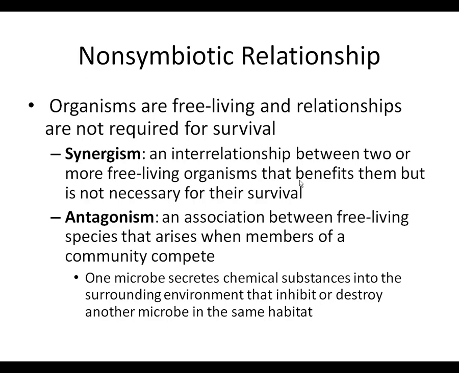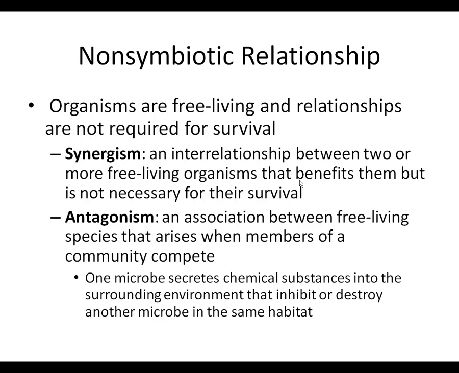Antagonism is an association between free-living species that are going to arise when members of the community are going to compete with each other. One microbe is going to secrete some sort of chemical substance to the environment that is going to inhibit or destroy microbes in that same habitat. This will allow that organism to have greater access to food and to space for microbial growth.